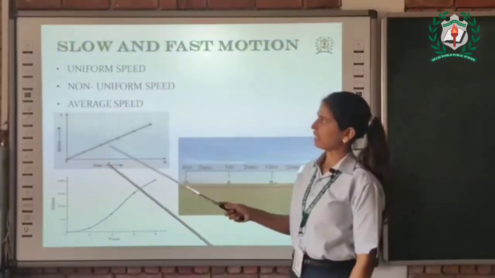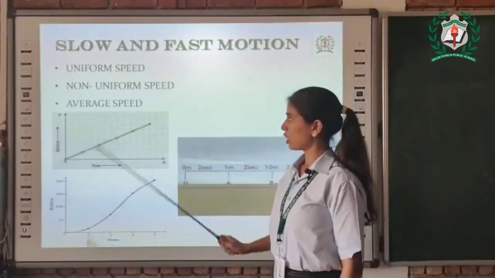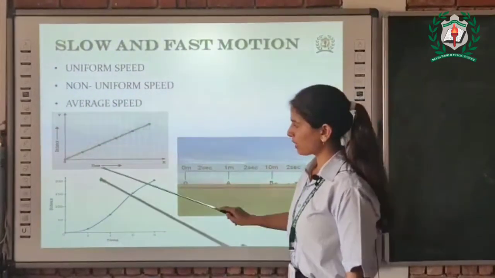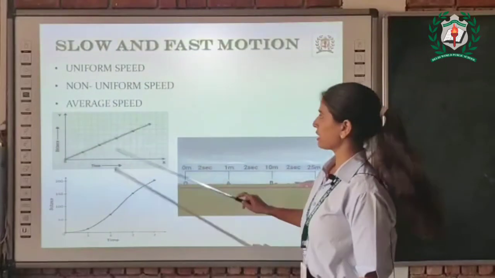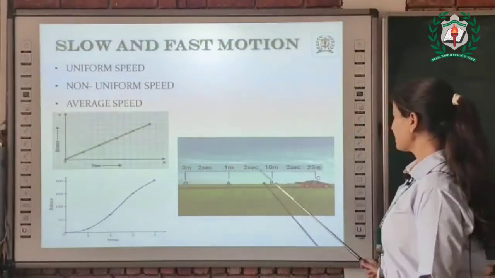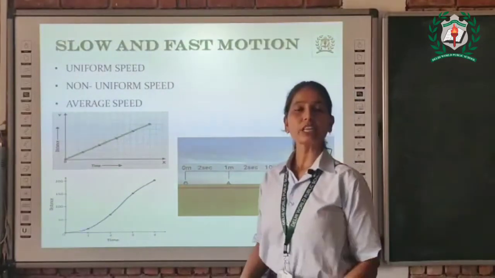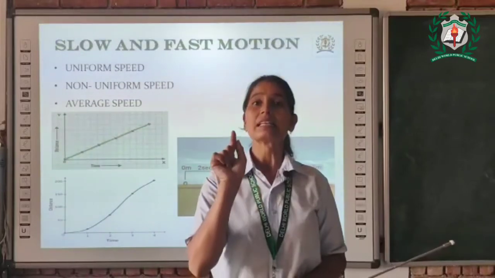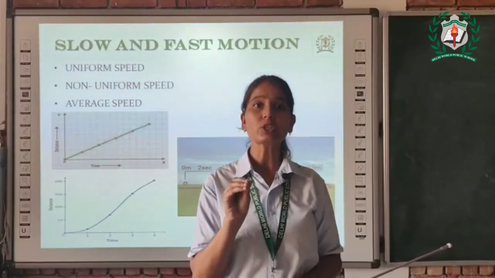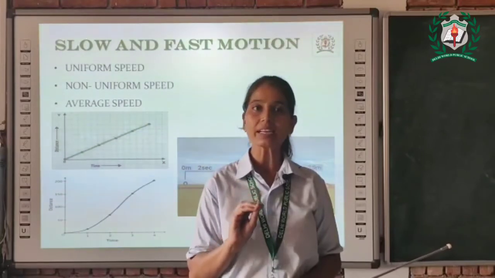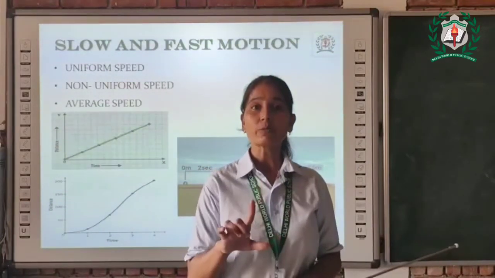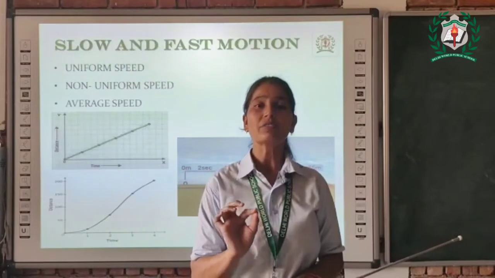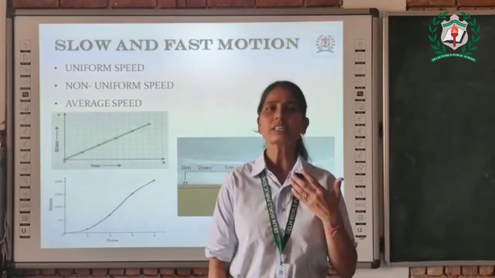Now we'll discuss some types of speed. We have 3 types of speed: uniform speed, non-uniform speed, and average speed. When an object travels a fixed distance in the same time gaps, it is said to have a uniform speed. When an object covers different distances in different time gaps, it is said to have a non-uniform speed.